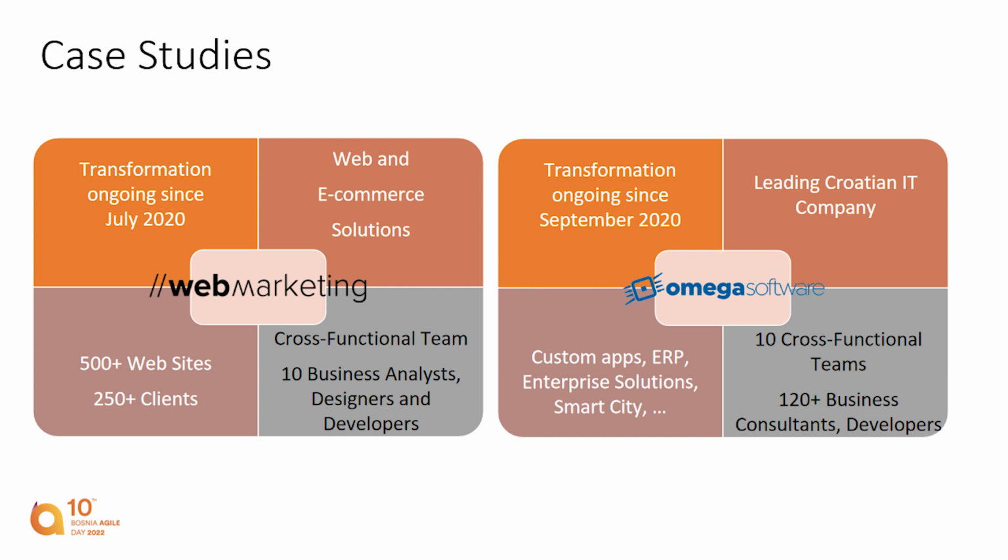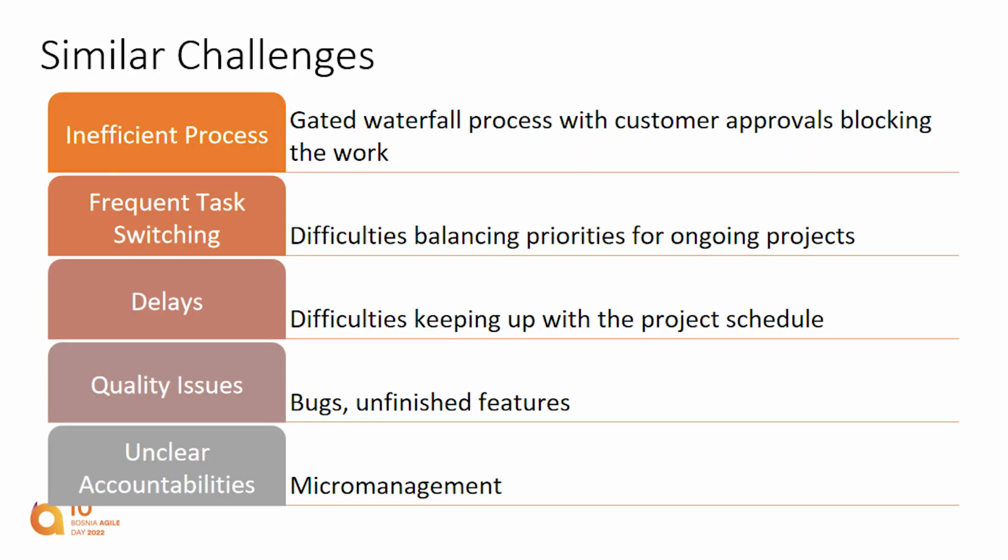The other is Omega Software, one of the major Croatian IT companies. They have 10 Scrum teams and over 120 people in their engineering organization. Both have been doing their agile transformations for over 2 years now, and we've been helping them throughout their transformations.